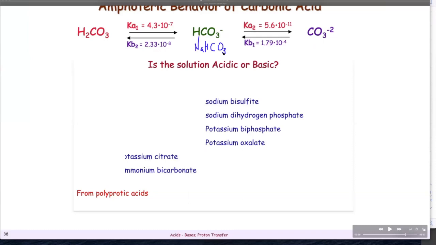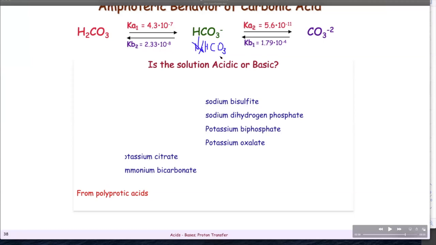Sodium bicarbonate, NaHCO3. And you can introduce HCO3 by simply putting sodium bicarbonate, because the sodium is going to be a spectator and you have bicarbonate.